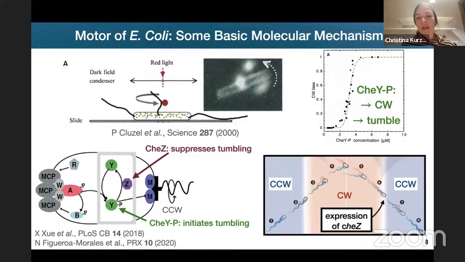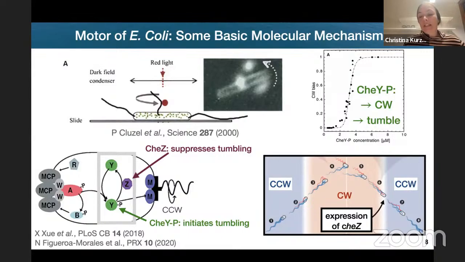And so the picture that we have of when the transition between a tumbling phase and the run phase occurs is that if the cells are able to express CheZ, they should be able to transition from a tumbling state to a run phase. And this is the aspect that we'll focus on in this work.